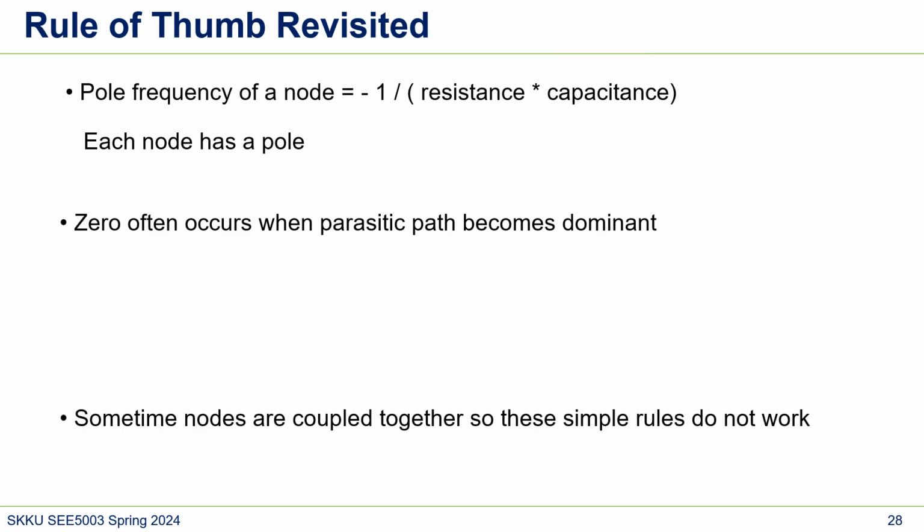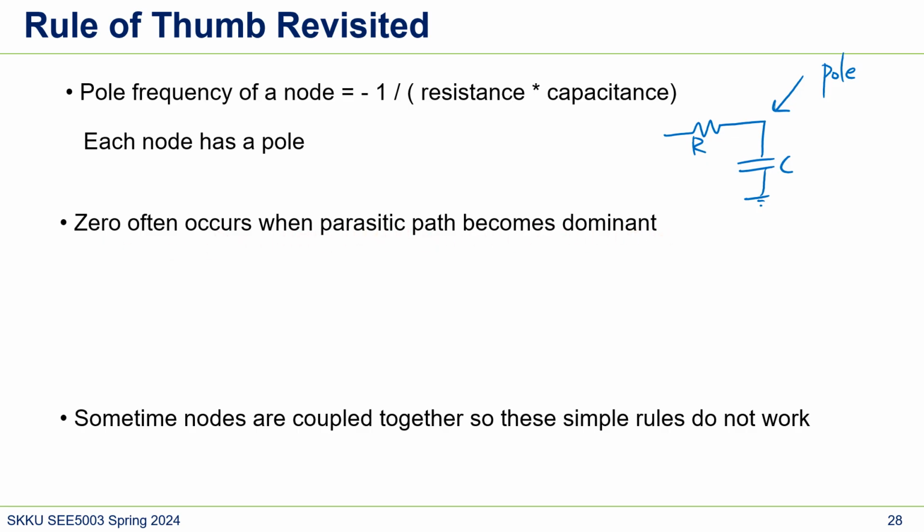Let's revisit the rules of thumb. What we discussed was that the pole frequency at a node could be 1 over resistance times capacitance, which means each node has a pole, like we see in an RC filter, where this node pole happens. A zero occurs when a parasitic path becomes dominant.